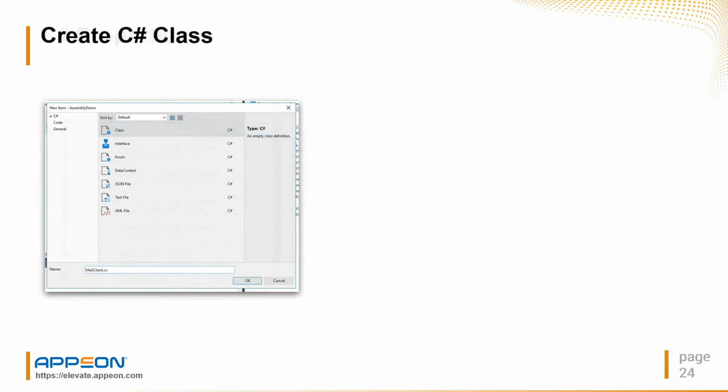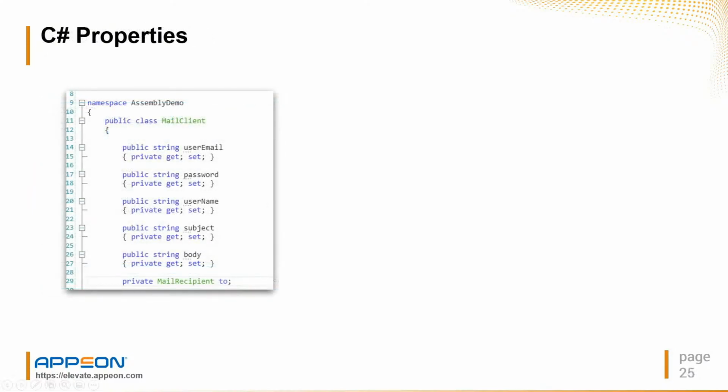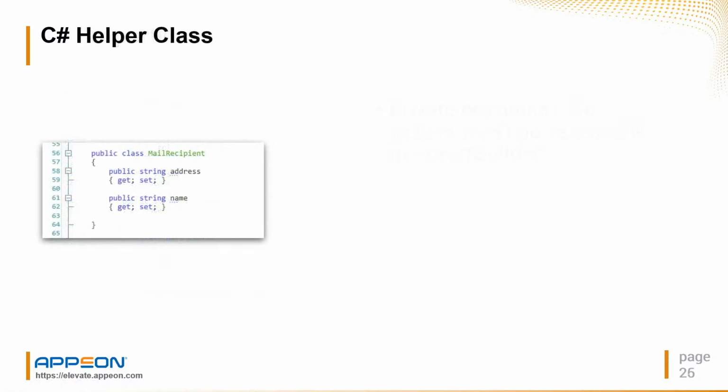So I'm going to create a C# class. Now, in my C# class we've got properties here for the email, password and username for the user who's sending the email, the subject and the body of the email message I'm sending, and then I have a more complex data type that represents who I'm sending the email to. That looks like this, and basically it just has two properties, an address and a name.